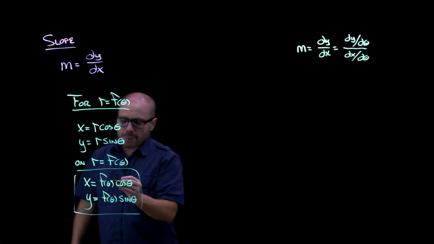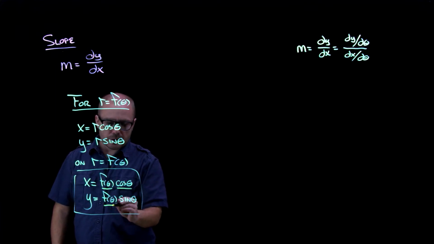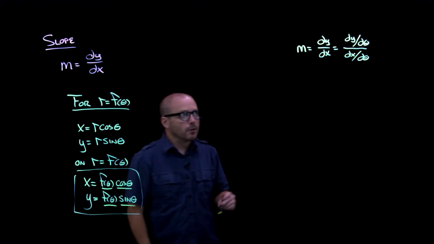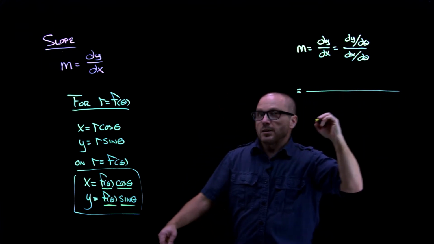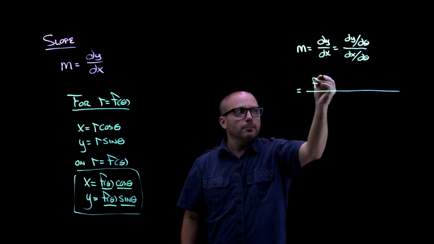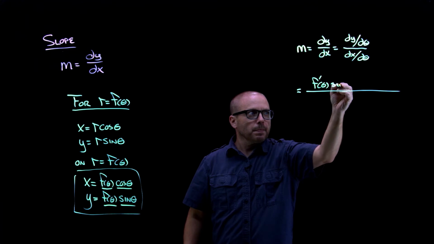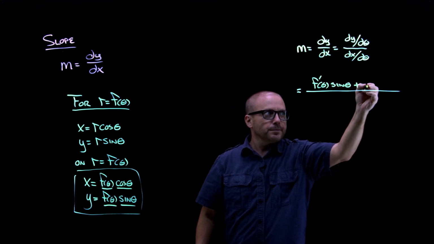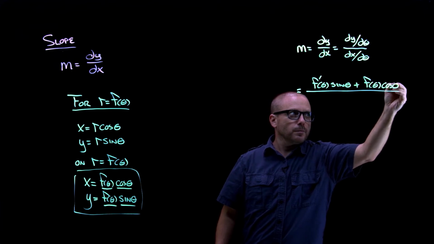Well, it's a product. x is a product of two functions of theta, and so is y. So they're both going to require the product rule. So dy/d theta is going to be f prime times sine, plus f times cosine.